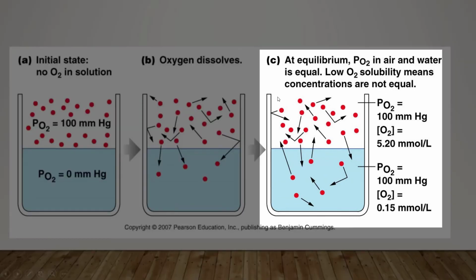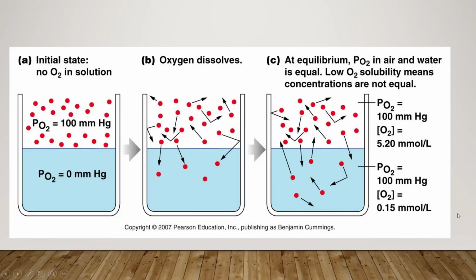So this is showing equilibrium. Notice that the concentrations are not equal. In the air, we have 5.2 millimolars, but in the water, it's 0.15 millimolars. That's drastically different. They are not in equilibrium from a concentration perspective. However, they are in equilibrium because there is no net movement of that gas one way or another.